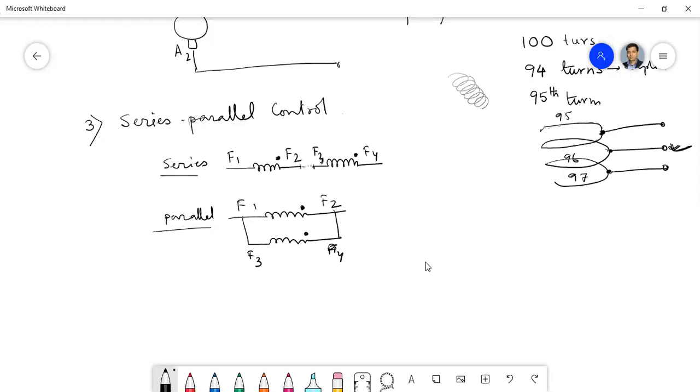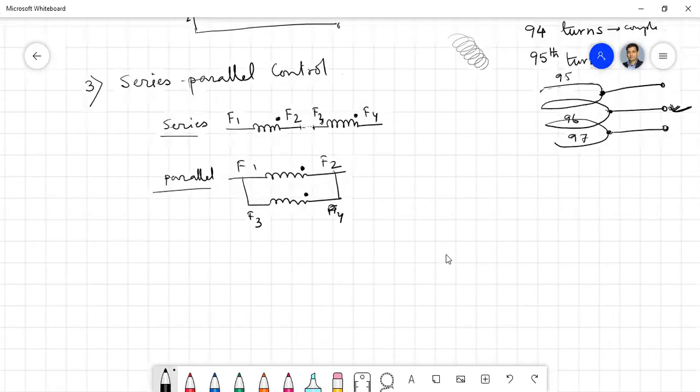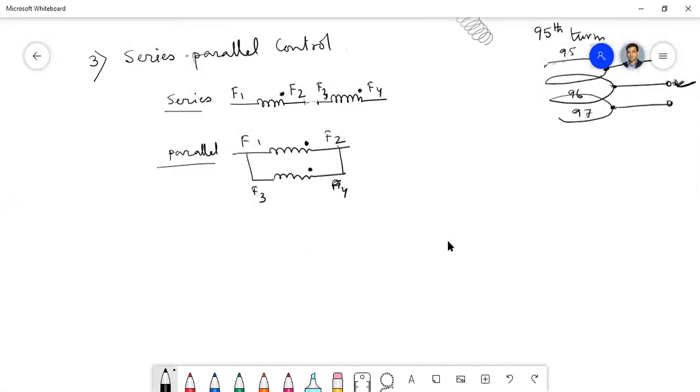Now the question is how the MMF changes when we use this series parallel field control. If we consider the first one, the series one, what will be the MMF?